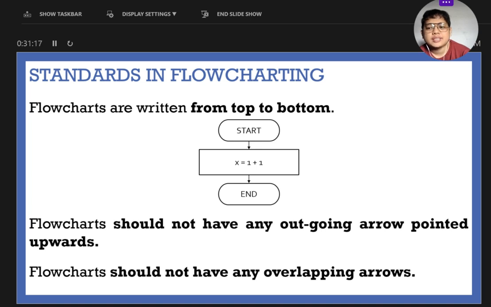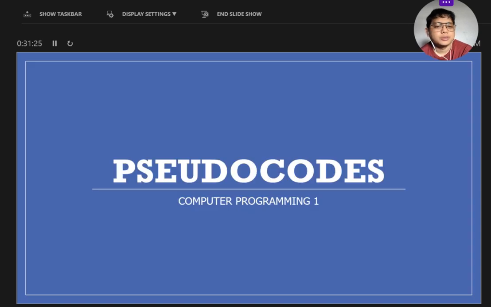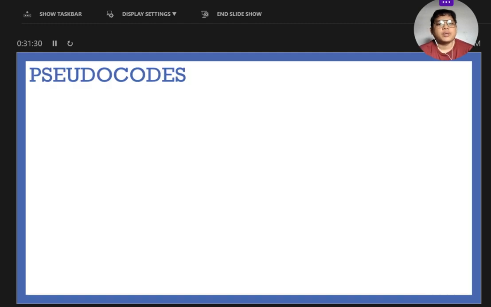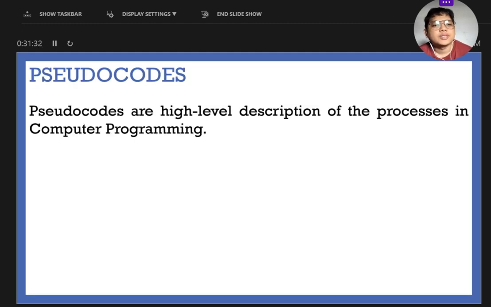And now let us discuss a simplified way to describe a computer algorithm or program logic, which is pseudocode. So what is pseudocode? Pseudocodes are high-level descriptions of the processes in computer programming.